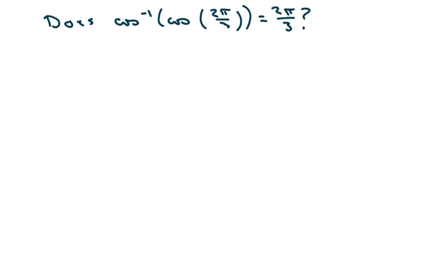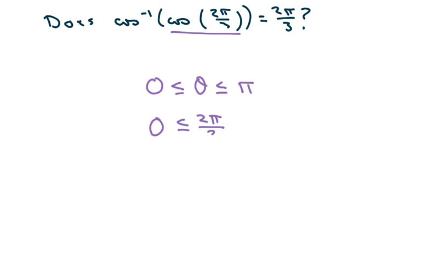This one, we're looking at our inner function. We're looking to see is 2 pi over 3 in between 0 and pi? If you want, you can write this as 3 pi over 3, because that clearly shows that it is.